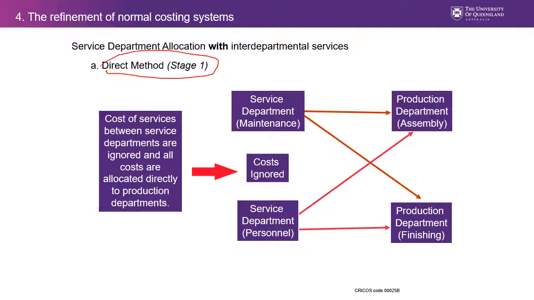Direct method for stage 1, allocating between service departments and production departments. The relationship between service departments is ignored, so we just allocate the overhead costs from the service department to the production department, and this service department to both production departments.